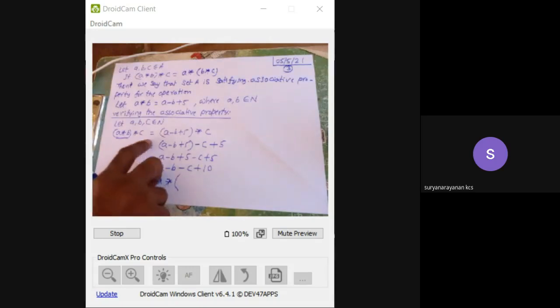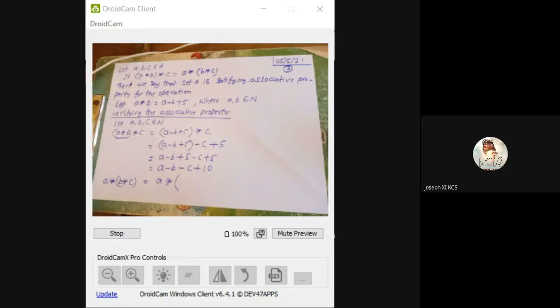What is the definition here? In this star operation, in the place of A, B is there. In the place of B, C is there. Then how do you define star operation between B and C, Joseph?